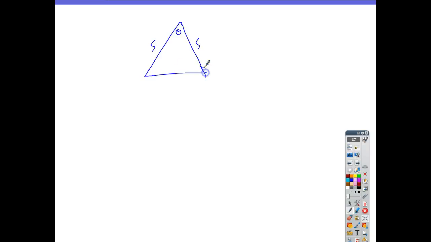And this side's changing because we're swinging the arms out. It's changing the area of the triangle. Does that make sense? Okay. Any other questions on included angle?